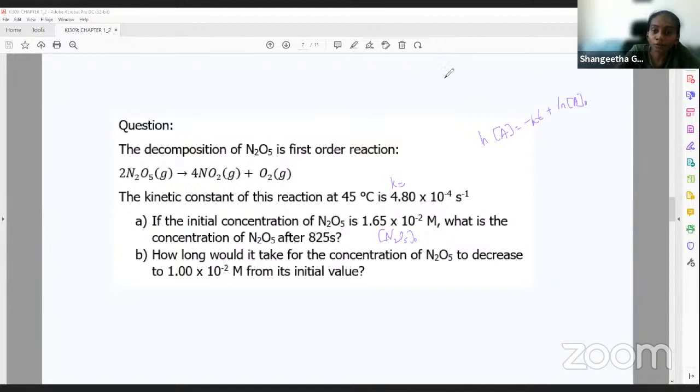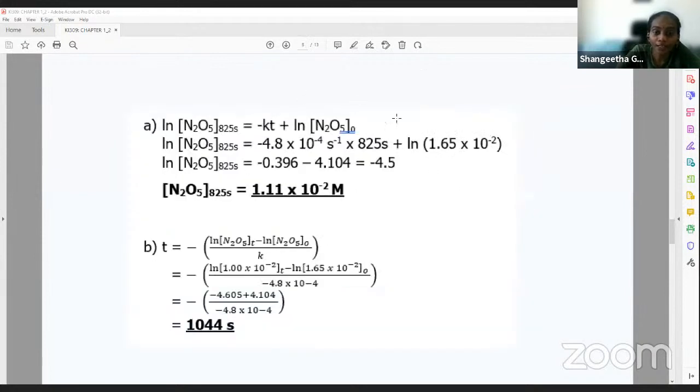So let's try to solve part 1 of the question, using the expression that you have learned just now. You have your ln [N2O5]. Now they are asking you at 825 seconds. They have specified your time to be 825 seconds.